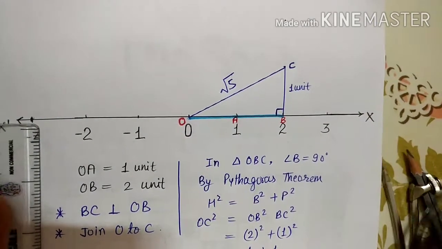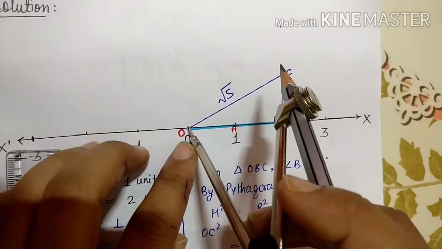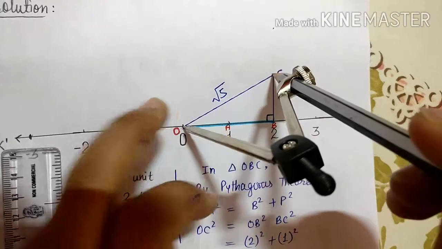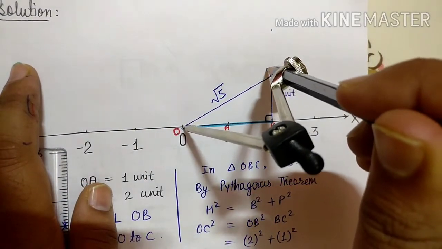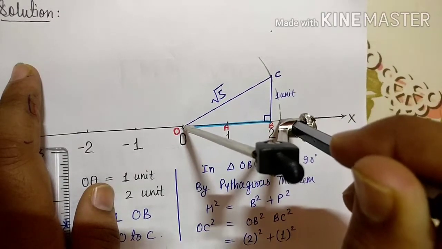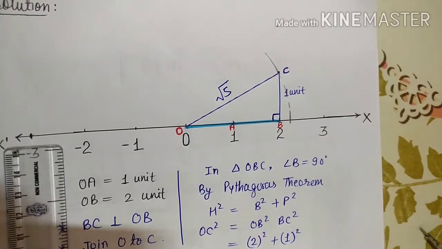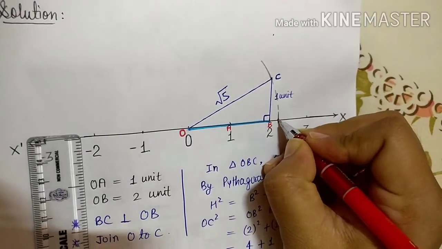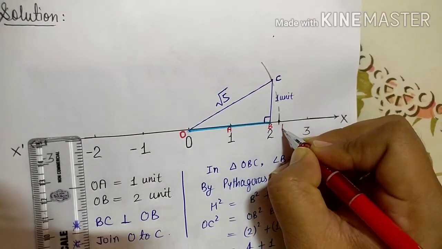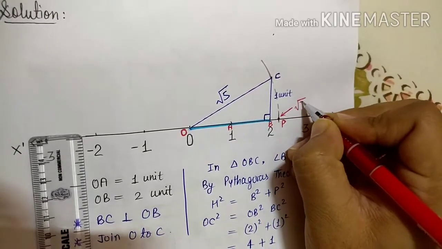As I explained earlier, this OC represents the radius of a circle. So if I take O as the center and OC as the radius, and draw an arc, it will cut the line at a point, and that particular point we can name P. This point P is showing root 5.